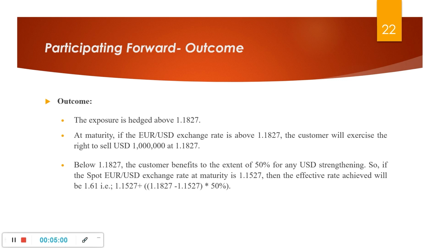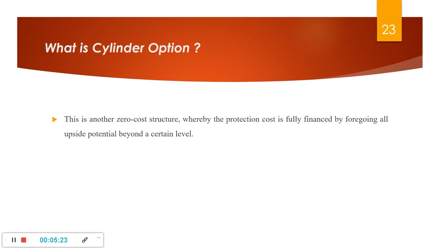Below 1.1827, the customer benefits to the extent of 50% from the USD strengthening. So if the spot Euro USD exchange rate at maturity is 1.1527, then the effective rate achieved will be 1.61.